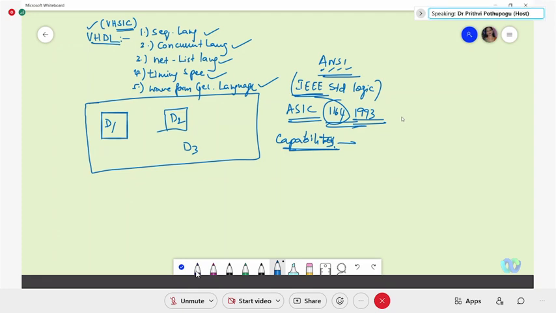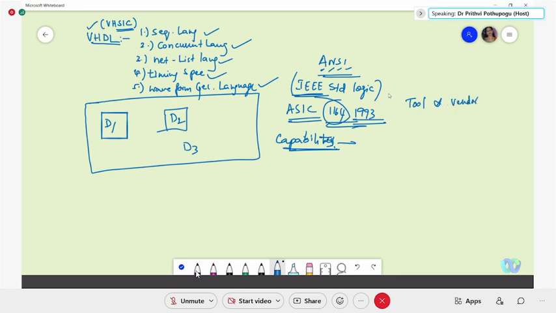Xilinx, Altera. Earlier we used to have Max Plus. We have plenty of CAD tools, and the tool and the vendor.